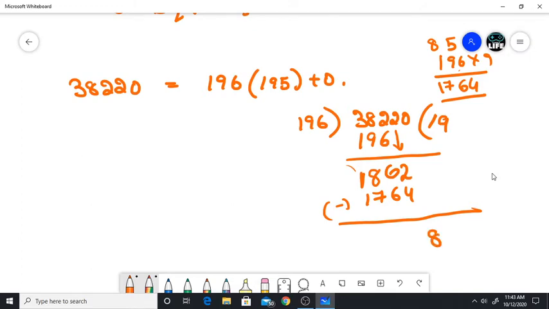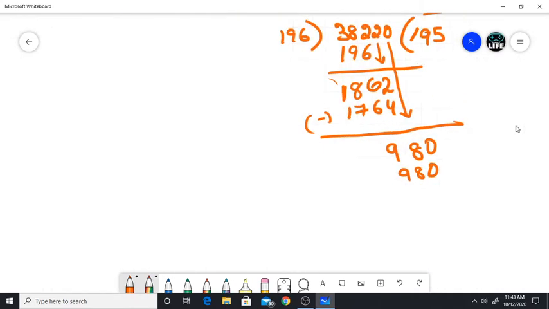Then 196 into 5 gives you 980. Simple. And you get R as 0.